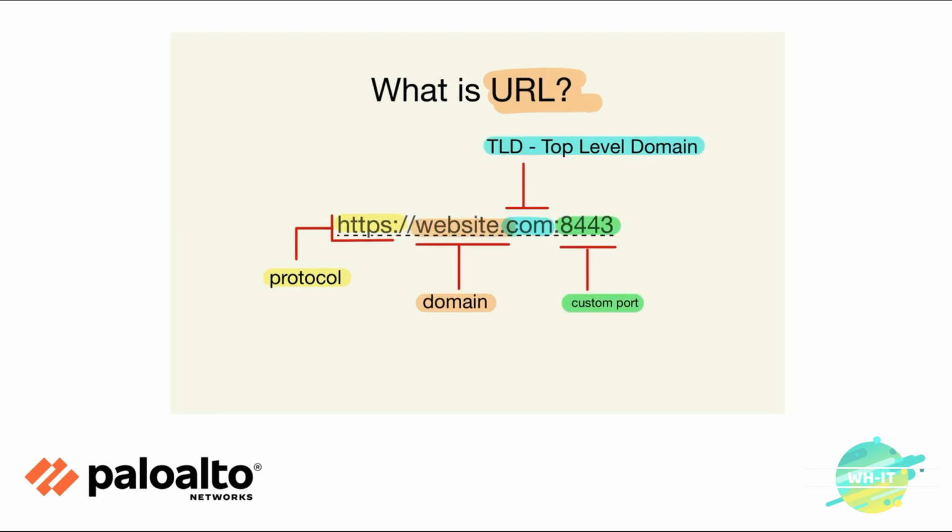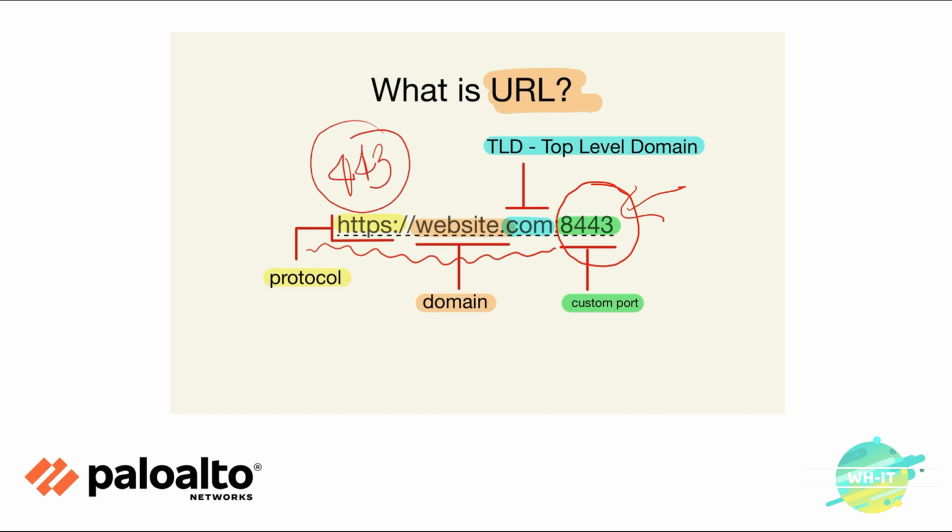Now let's move on to a different section of the URL, which is the custom port. This is important because sometimes we get a request to allow a particular URL which has a custom port. Sometimes the engineer allows the URL just like https://website.com, but the issue comes when they do not allow the custom port. This URL is going to work on port 443, which is the typical default port for HTTPS, right?